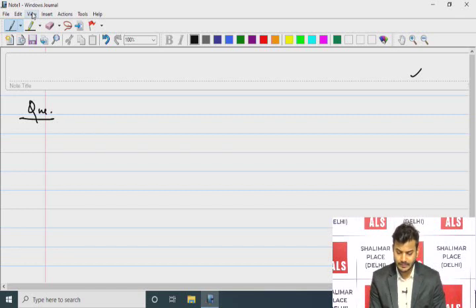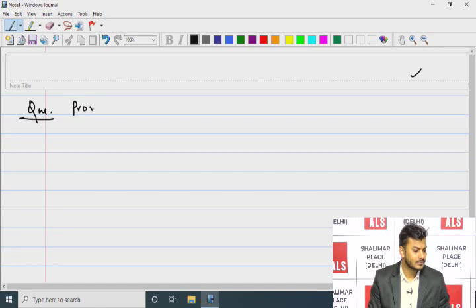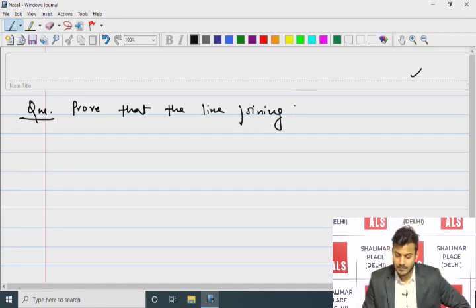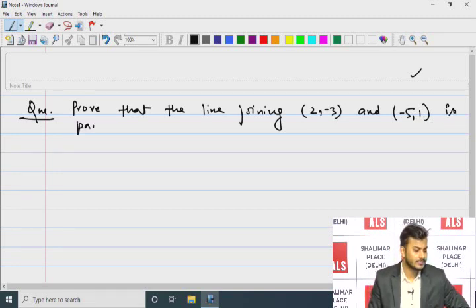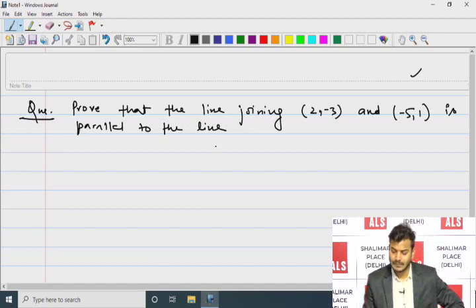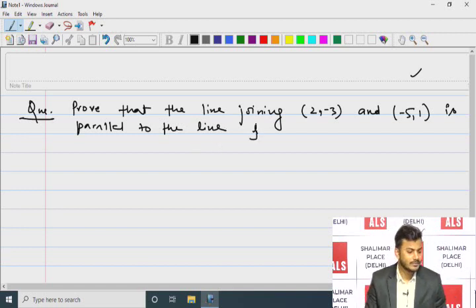So the question is, prove that the line joining points 2, -3 and -5, 1 is parallel to the line joining the points 7, -1 and 0, 3.